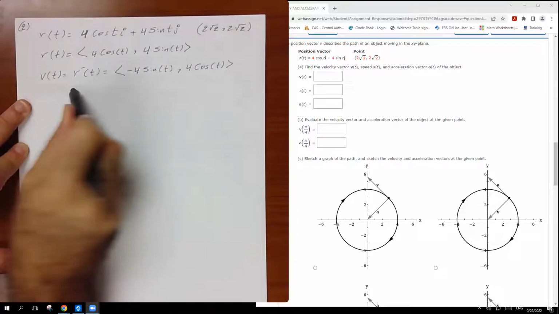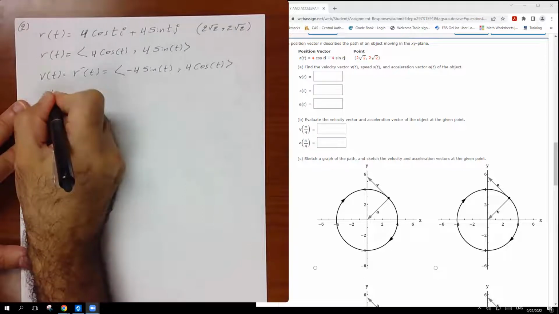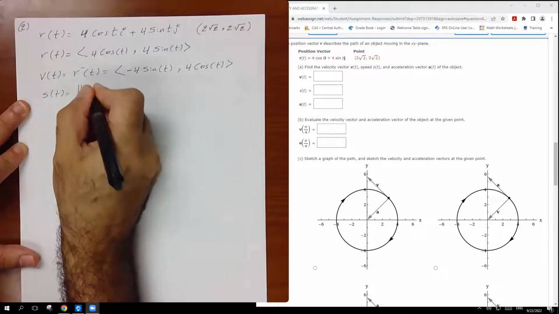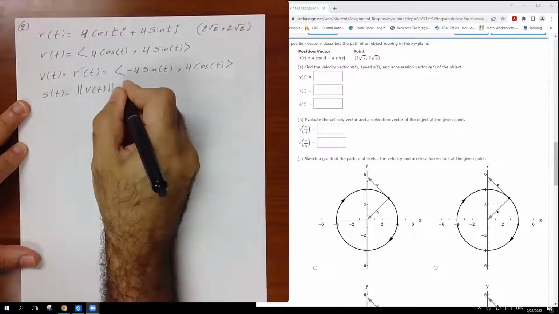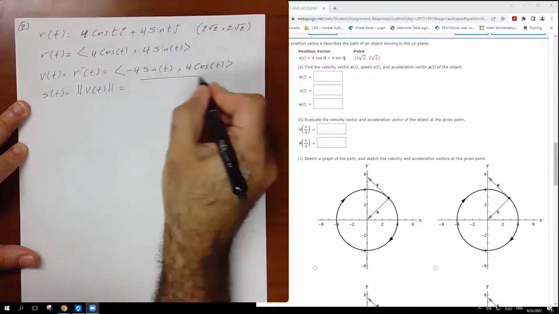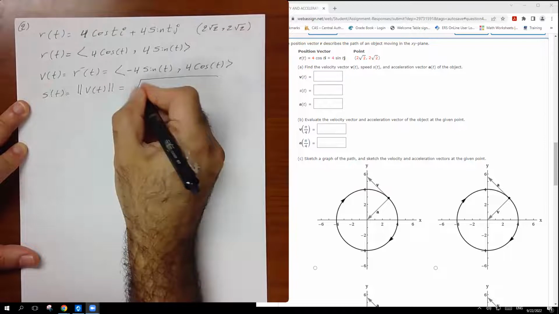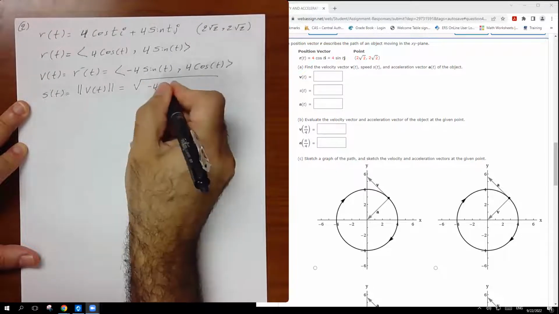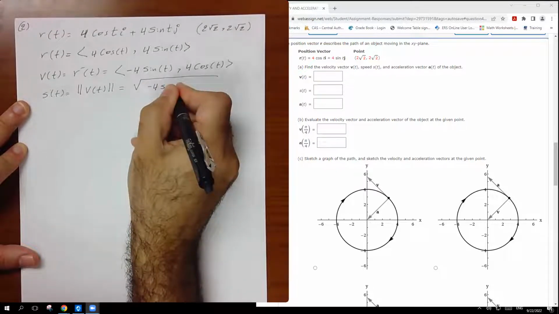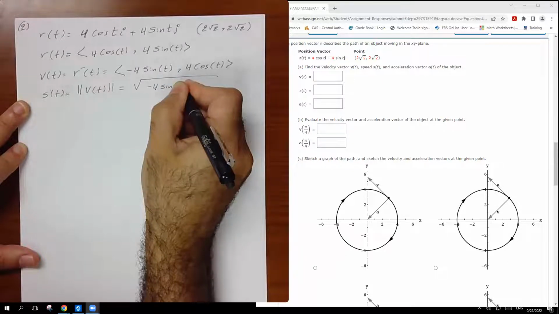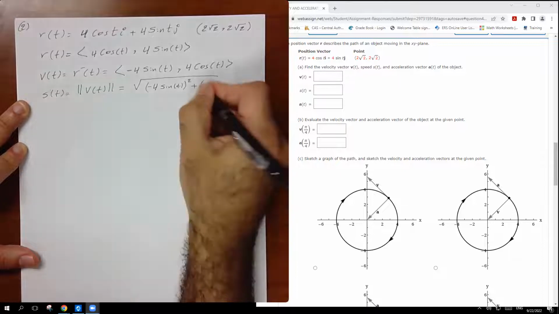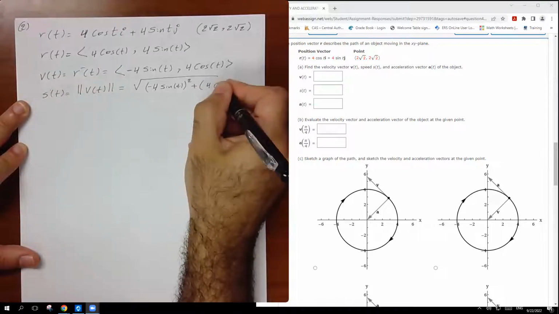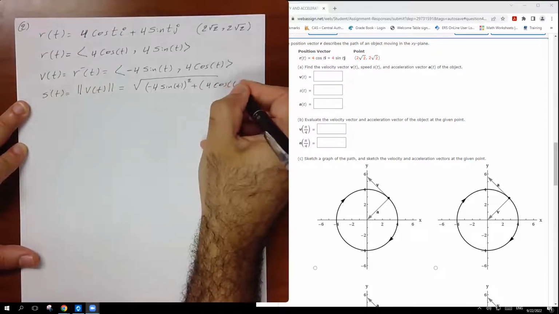The speed s of t is going to be the length of the velocity with respect to t, which is going to be the square root of negative 4 sine t squared plus 4 cosine t squared.